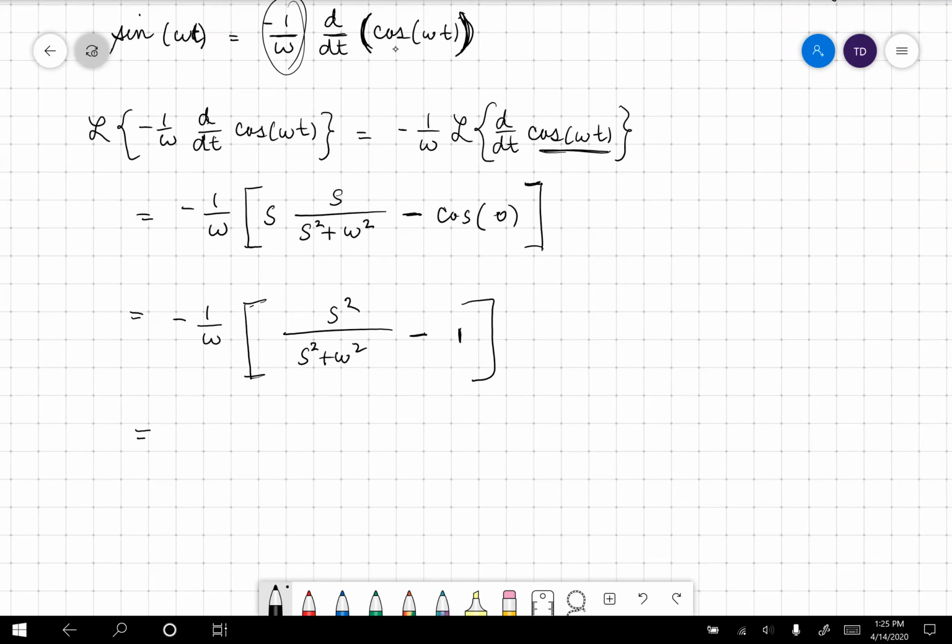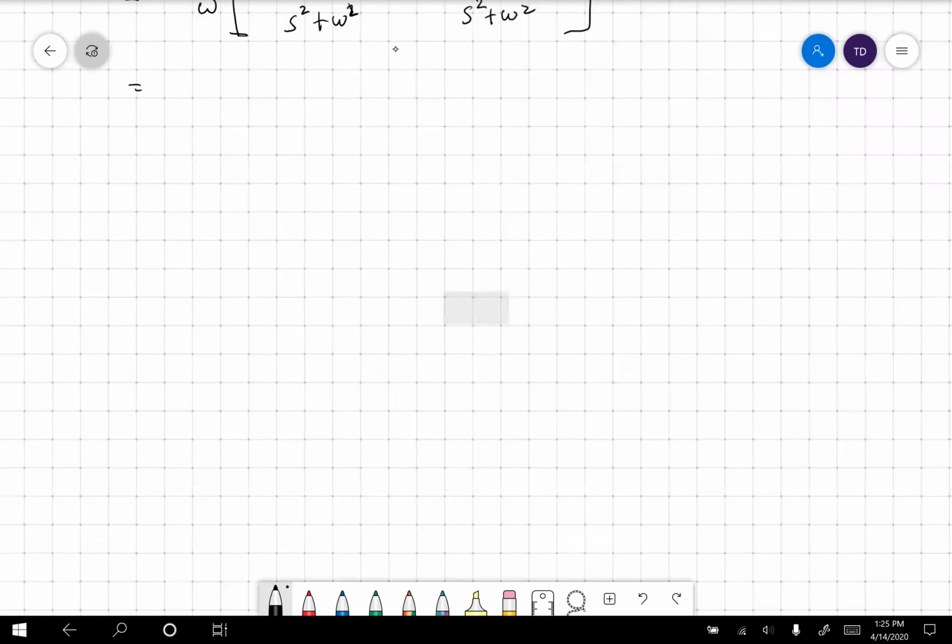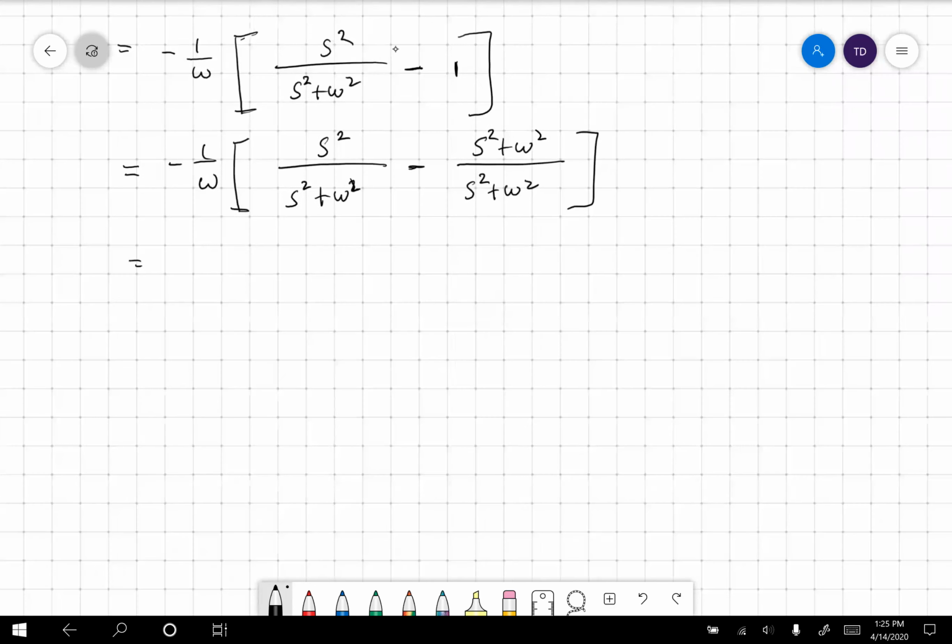Let's form a common denominator: s squared plus omega squared minus s squared plus omega squared, over s squared plus omega squared. Focus inside the brackets right now. Don't worry about outside the brackets. Focusing on inside of the brackets, I still have minus 1 over omega on the outside.